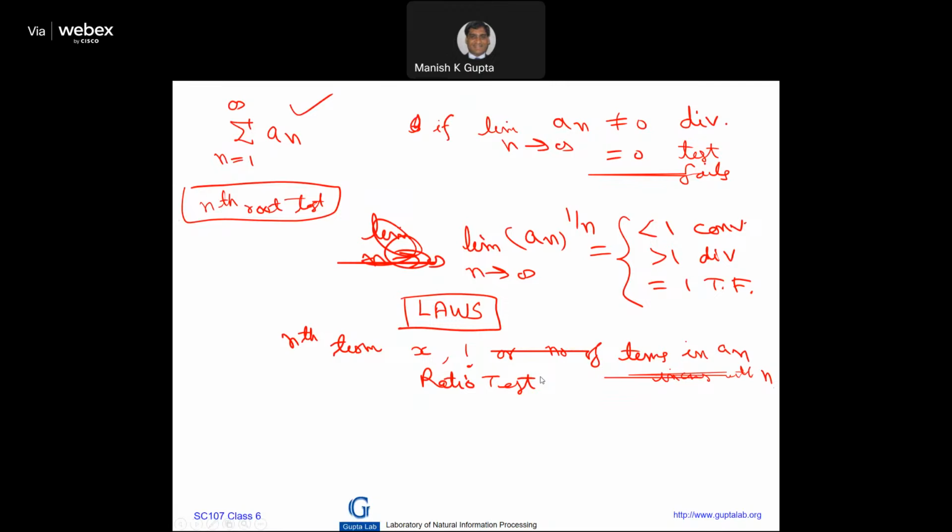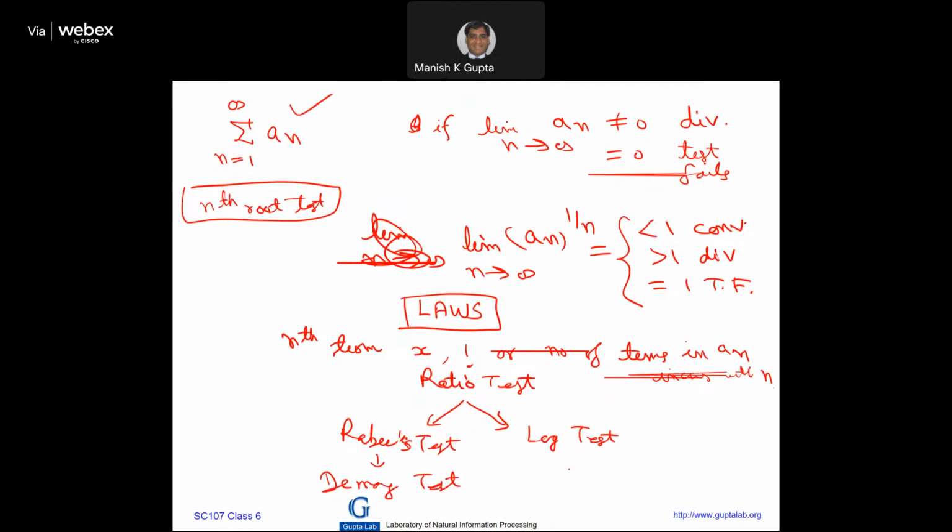I'll tell you what the ratio test is. And then there are different ways: the ratio test or Raabe's test, or on the other side a log test, logarithmic test, De Morgan's test.